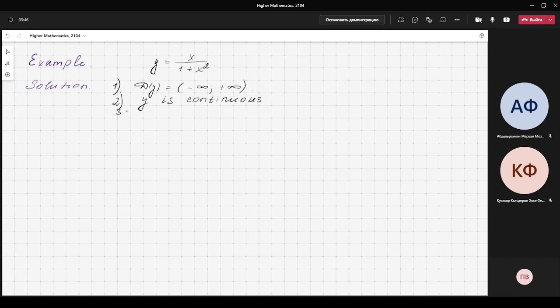The third, test the function for maximum and minimum.